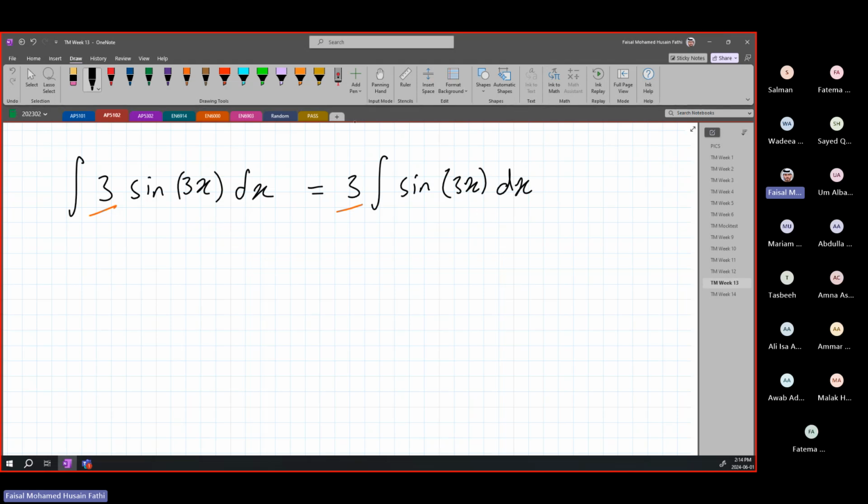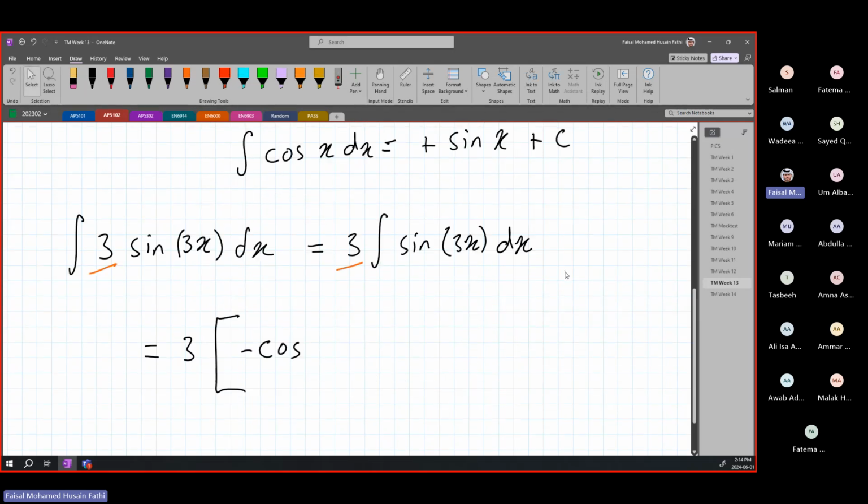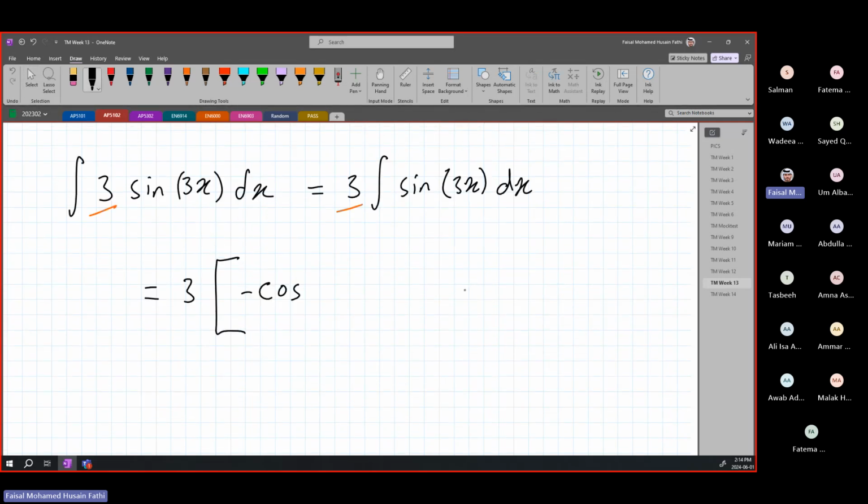So what will happen here? We're going to have the 3, which is outside. Sine x will turn into cosine with a minus sign, because integration of sine x is minus cosine x. So minus cosine of 3x, whatever is inside does not change over here. But now we will have to divide by 3, because of this 3 value, we're going to have to divide the entire expression by 3.